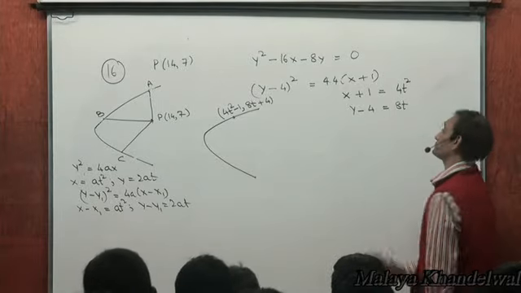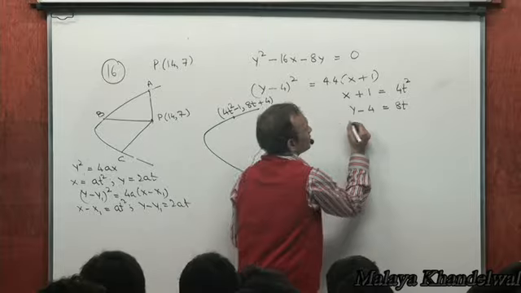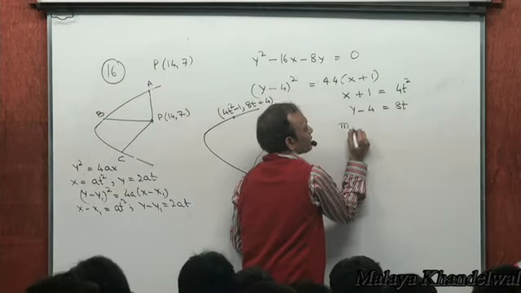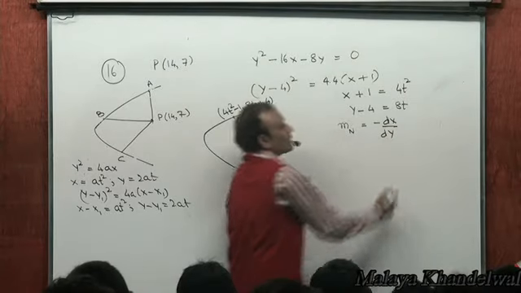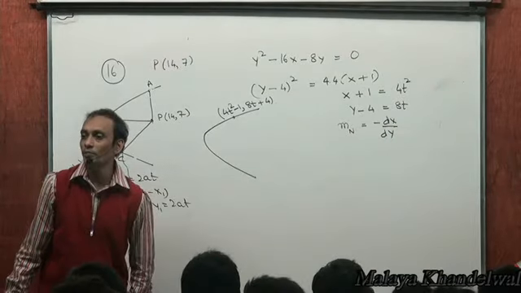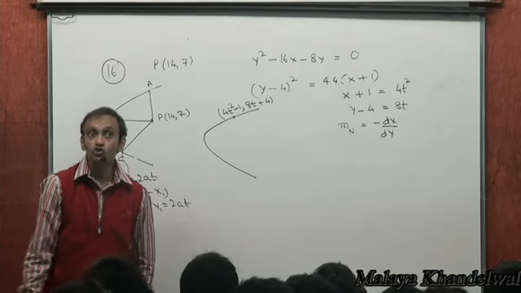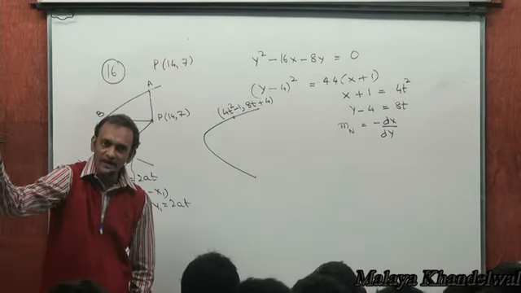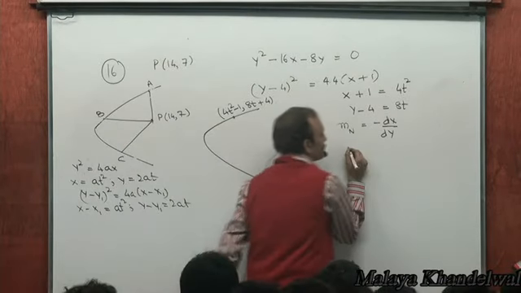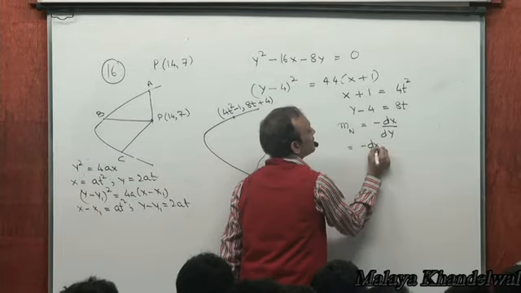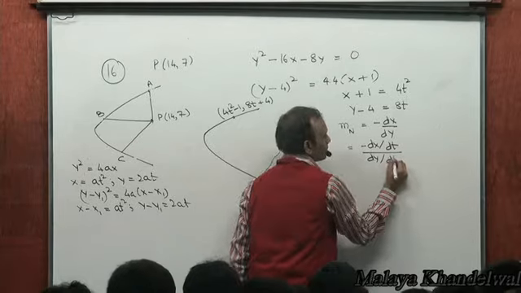Now, the slope of the normal at any x, y is given by minus dx by dy. Minus dx by dy would give you the slope of the normal at any x, y of the parabola. Slope of the tangent at any x, y is dy by dx. Slope of the normal is minus dx by dy, which could further be written as minus (dx by dt) divided by (dy by dt).